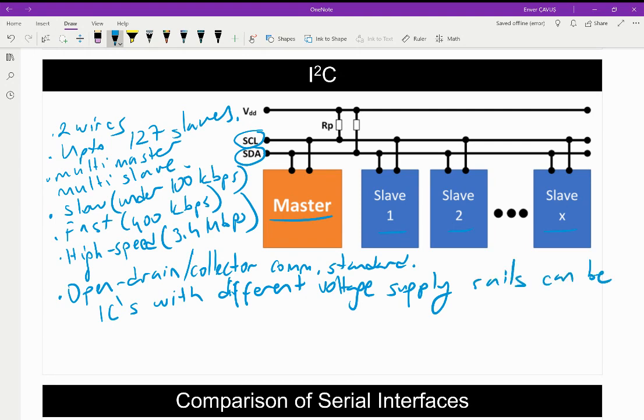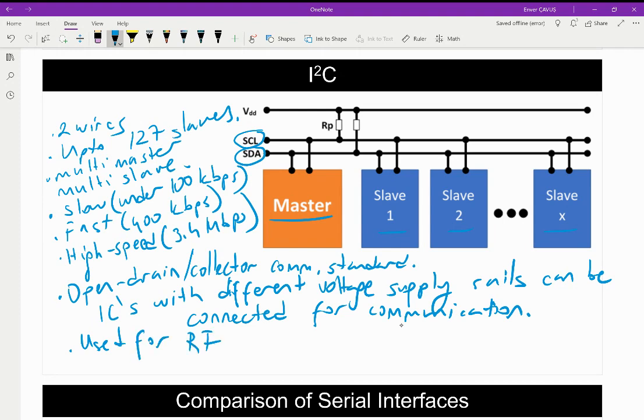So different modules with different supply voltages can be connected for communication. So these are used for some of the examples: RF tuners, video encoder decoders, audio processors, etc.